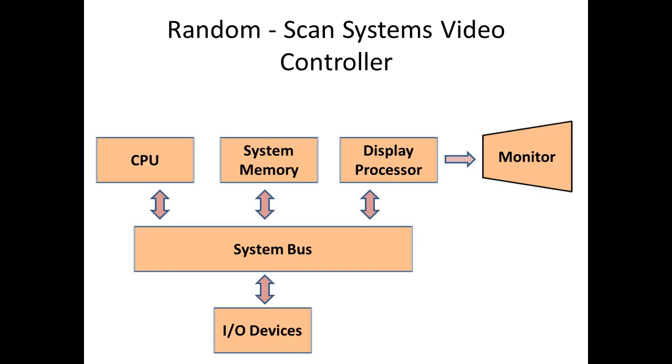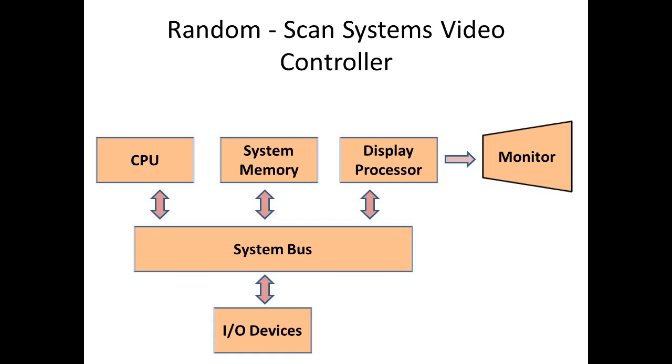Sometimes the display processor in a random scan system is referred to as a display processing unit or a graphics controller. Graphics patterns are drawn on a random scan system by directing the electron beam along the component lines of the picture.